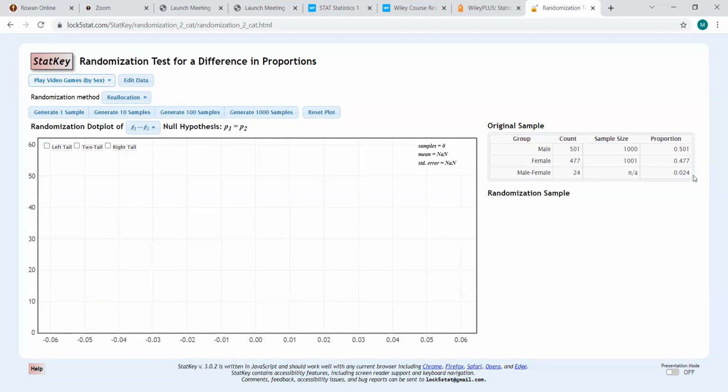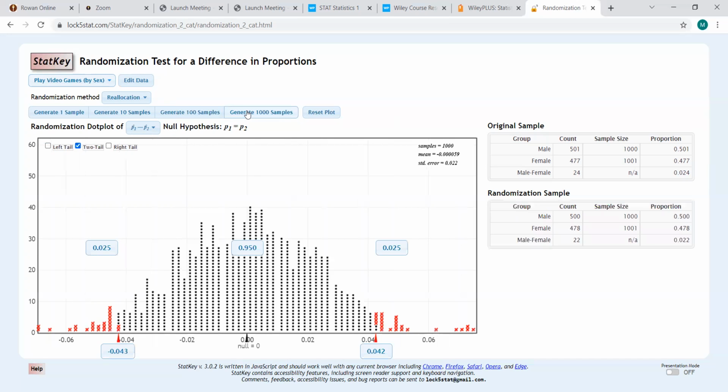Now, this is what's called a two-tailed test because the alternative hypothesis has a not equal sign in it. So we're not looking at greater than or less than, we're looking at possibly both cases. All right, so I'm going to check here two-tailed because it's a two-tailed test, and we have not equal to in the alternative hypothesis. We'll generate 1,000 samples.